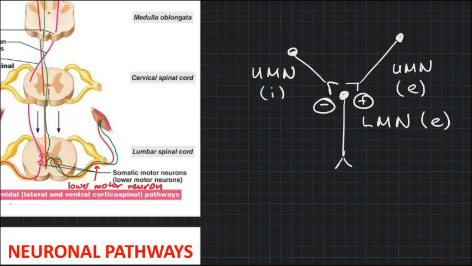Are you familiar with a disease called tetanus? Tetanus, lockjaw. In tetanus, the function of inhibitory upper motor neurons is disrupted. So the only signal that reaches your muscles is excitatory signal. You cannot relax your muscles. This is why it's spastic paralysis. Does that make sense?